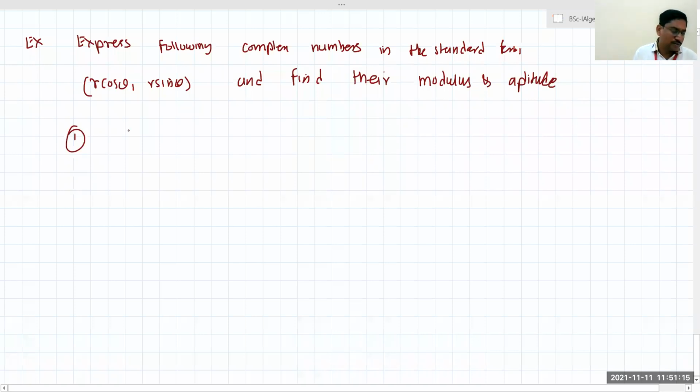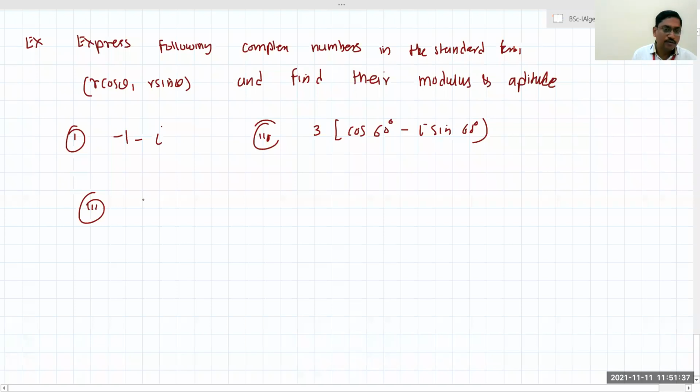So first complex number is minus 1 minus i. Both negative, it is in third quadrant. Second number is 3 cos of 60 degree minus i sin 60 degree. And third one, 1 minus cos alpha plus i sin alpha.